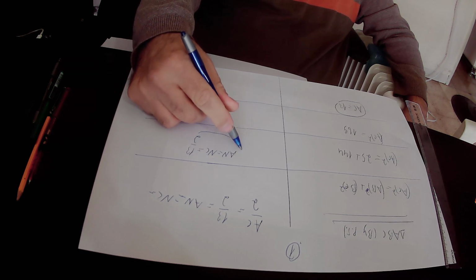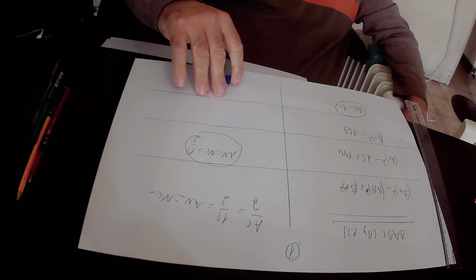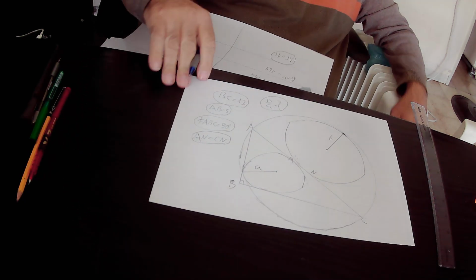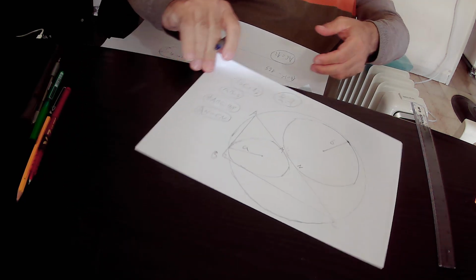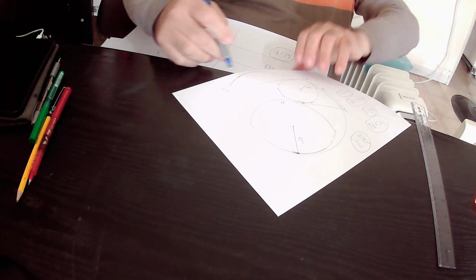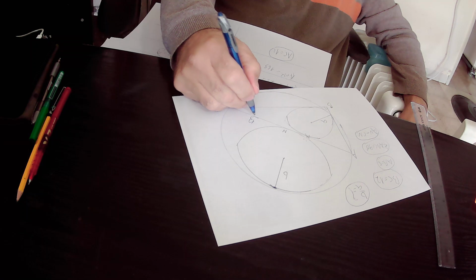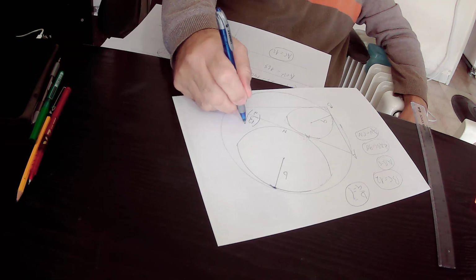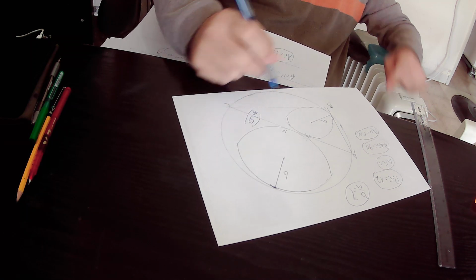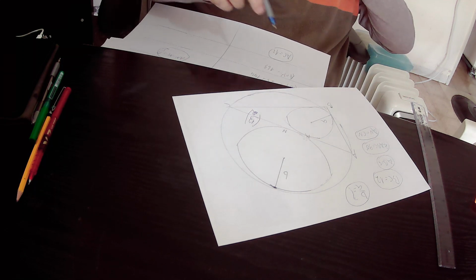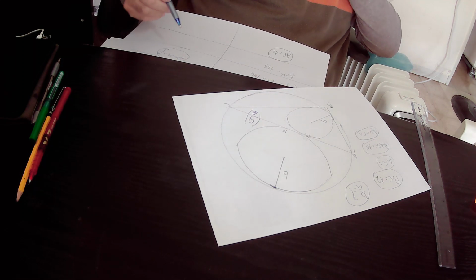AN equals NC equals 13 over 2. So you can write here that line segment NC equals 13 over 2 units in its length, and line segment AN also equals 13 over 2 units in its length.